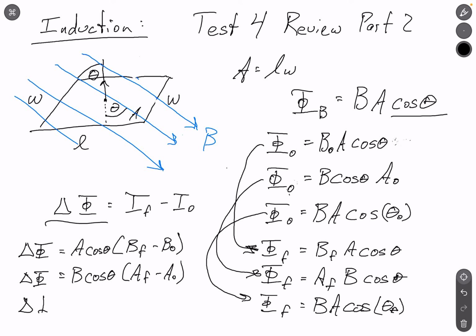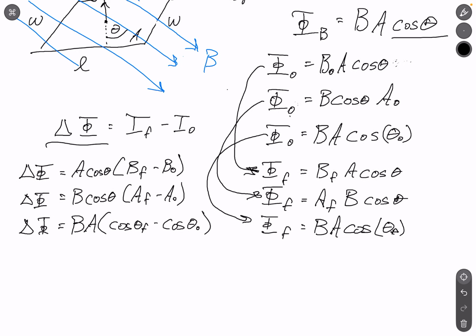And then lastly, we could have our B field times the area, and then we would be doing times the cosine of theta final minus the cosine of theta initial. So those are three ways to do that.